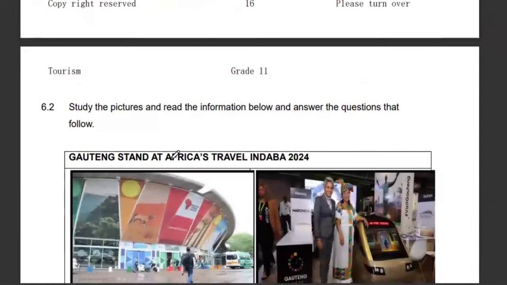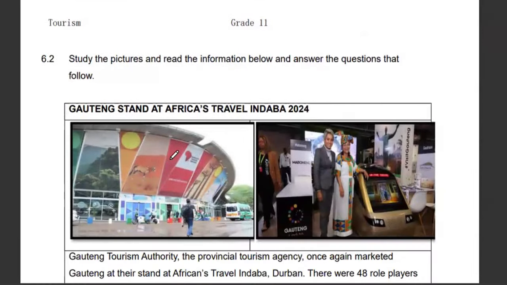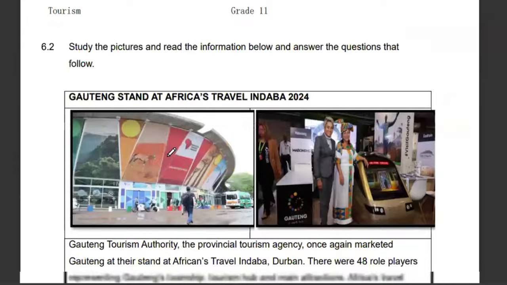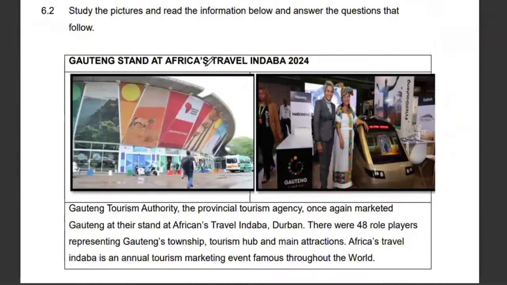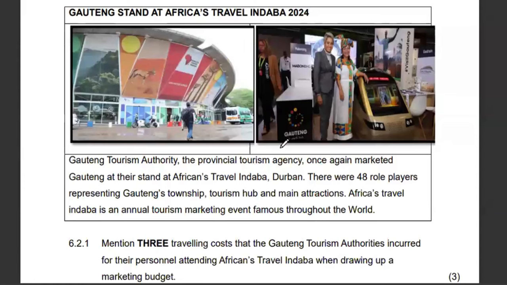Now, moving on to question 6, that is 6.2. Study the pictures below and answer the questions that follow. Gauteng's trade at Africa's Travel Indaba. So that is the stand for Gauteng. Gauteng Tourism Authority and the Provincial Tourism Agency once again marketed Gauteng at their stage at Africa's Travel Indaba in Durban.